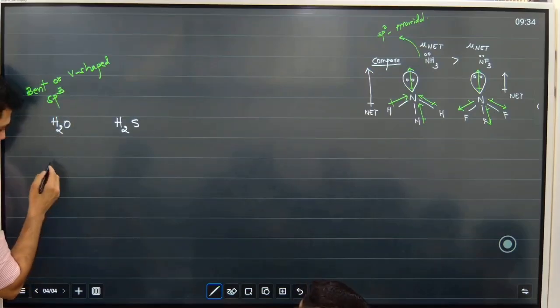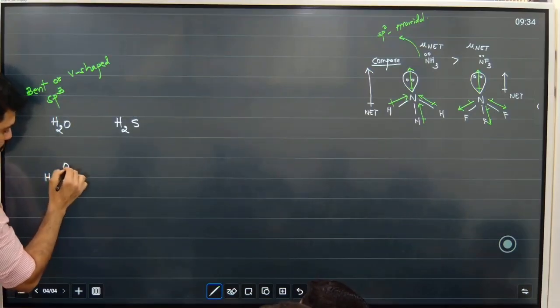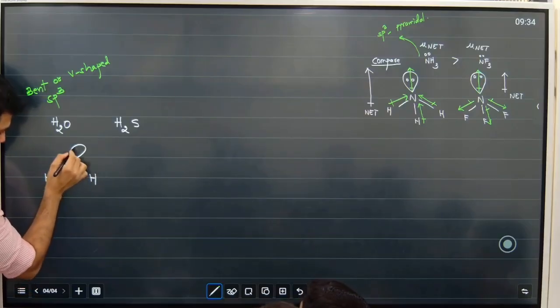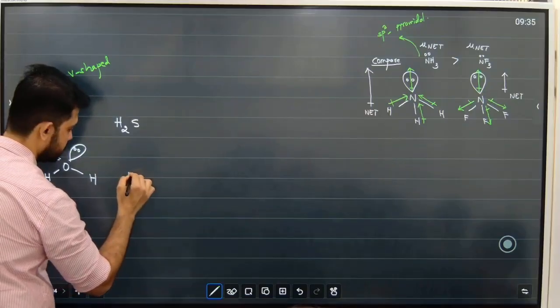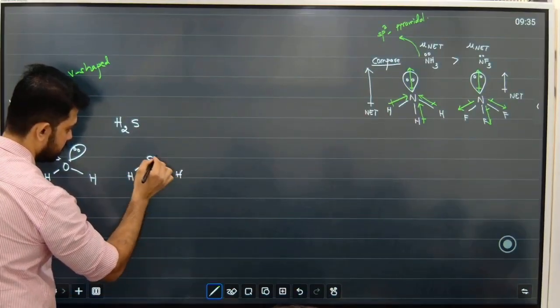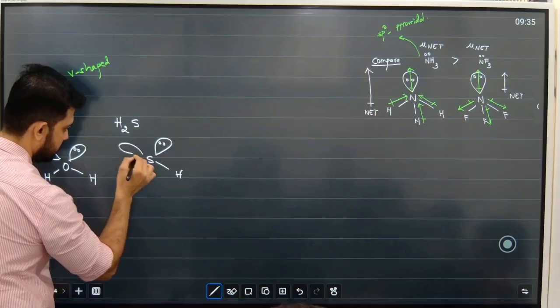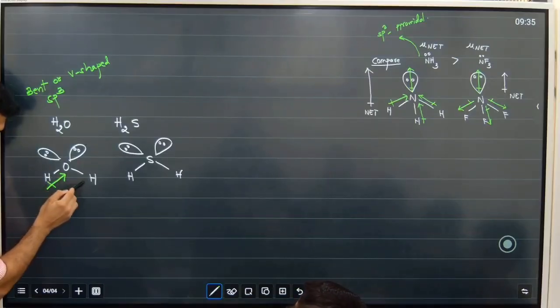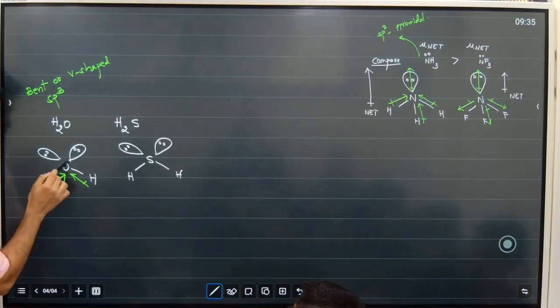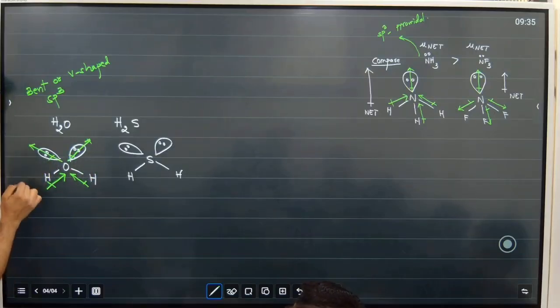Those sigma bonds, if everyone remembers, and there were 2 lone pairs. The same here in H2S. Now, oxygen is more electronegative, so the dipole is in this direction. Similarly, you can draw this dipole in this direction. Net dipole. Same thing over here. There will be no difference.